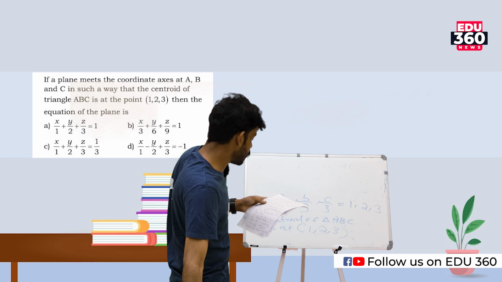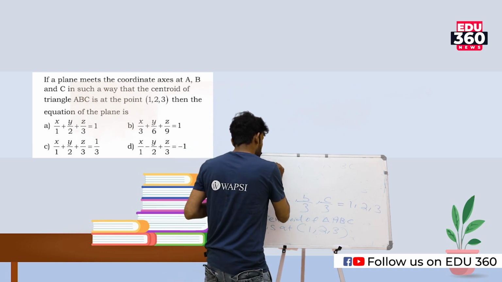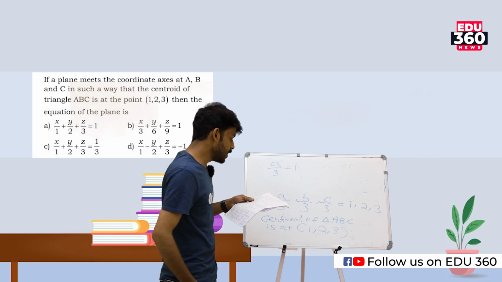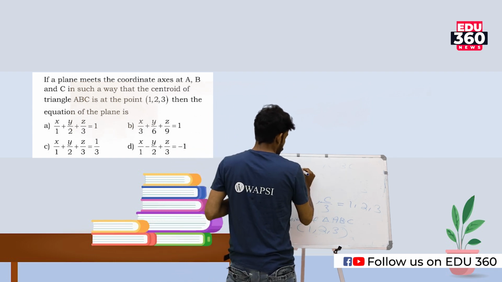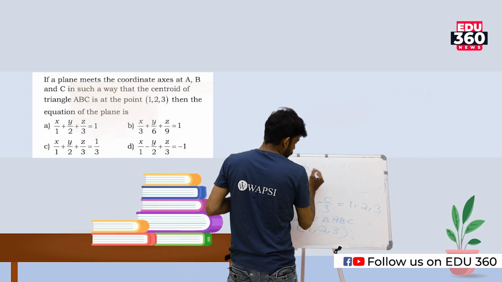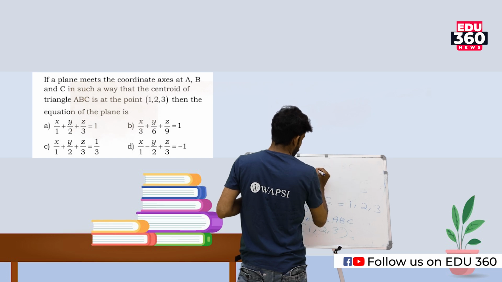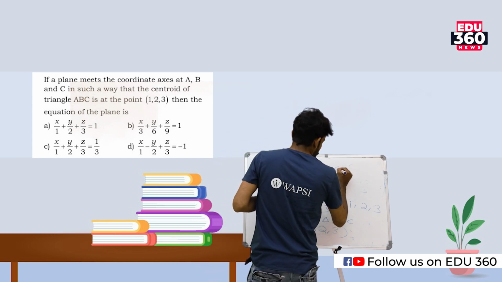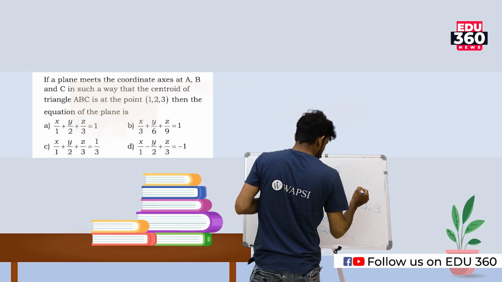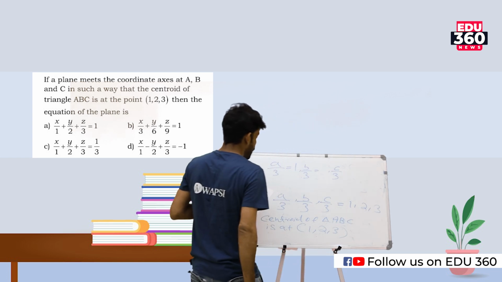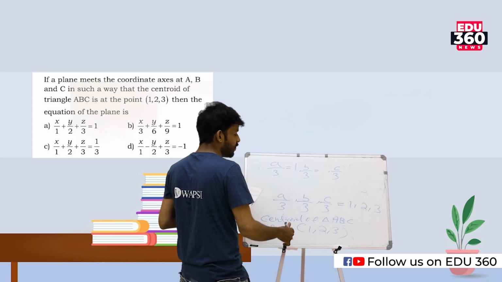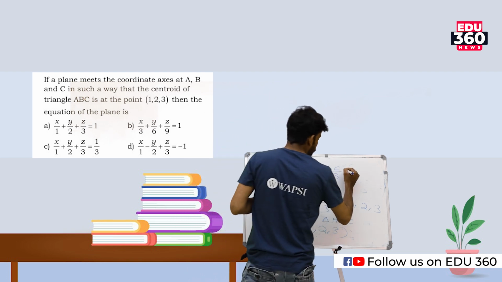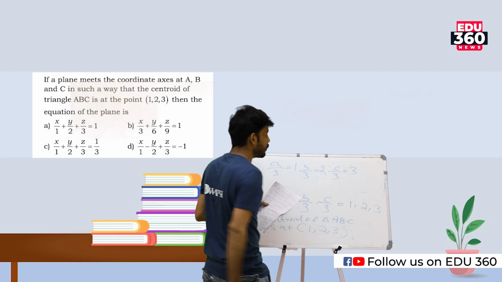That is, A by 3 is equal to 1, B by 3 is equal to 2, and C by 3 is equal to 3.